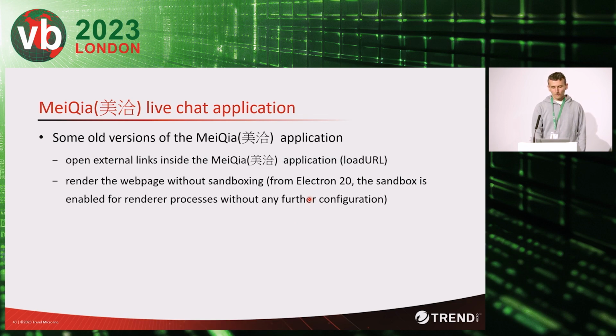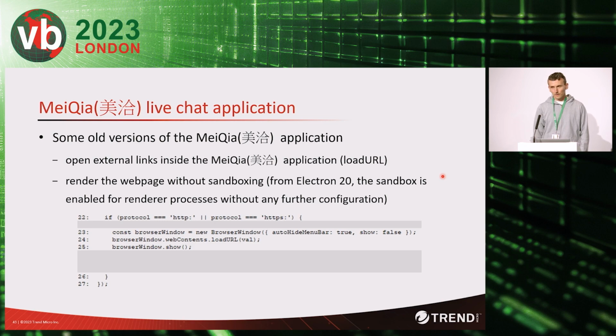Older versions of this Meichia application were vulnerable because they had been created with an older version of Electron.js, so there was no sandboxing, and all the content was rendered inside of the application.